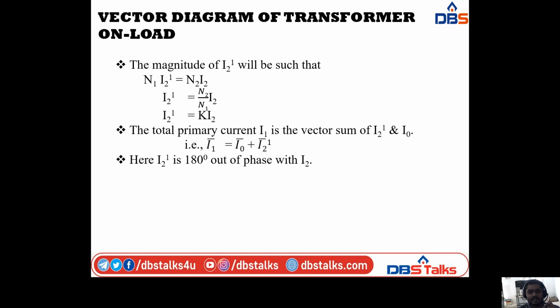You know already from the transformer ratio that N2 by N1 is equal to K. Finally we have I2 dash is equal to K into I2. The total primary current I1 is the vector sum of I2 dash and I0, that is, I1 is equal to I0 plus I2 dash. Here I2 dash is 180 degrees out of phase with I2.